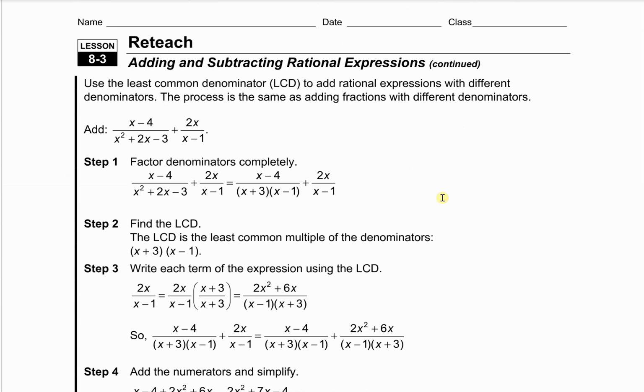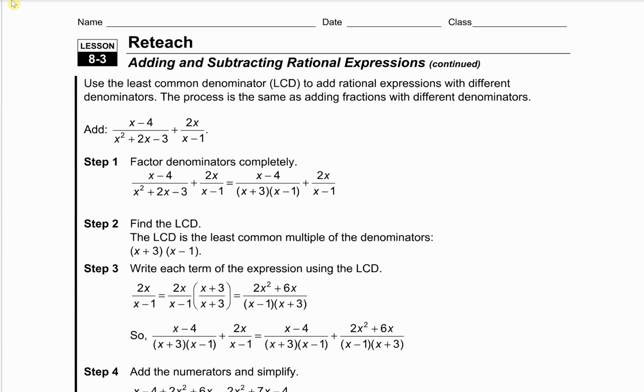Now here's the deal. What happens if you don't have a common denominator? If you don't have a common denominator, you need to find one. You need to find the least common denominator of the two, and whether you're going to add or subtract, the process is pretty much the same. It's basically, what do I do when I have to add fractions with different denominators? Let's take a look at this example.